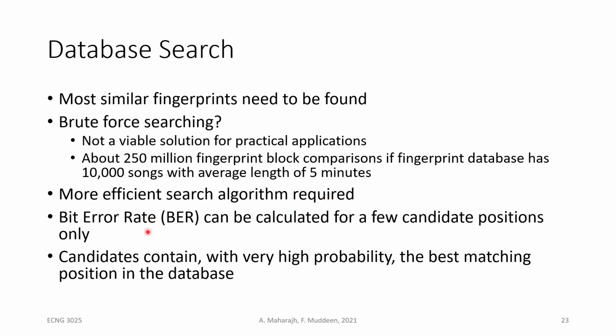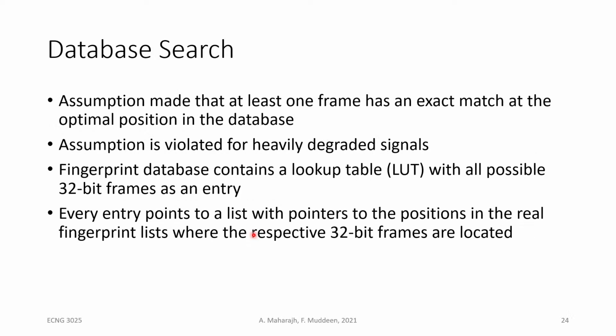The bit error rate that we just saw can only be calculated for a few candidate positions, meaning that with very high probability, that will be the best matching position in the database. The assumption we make when we try to speed this up is that for at least one frame, we have an exact match at the optimal position in the database.